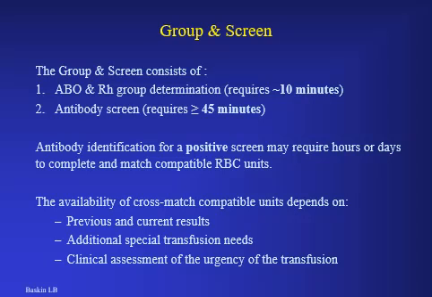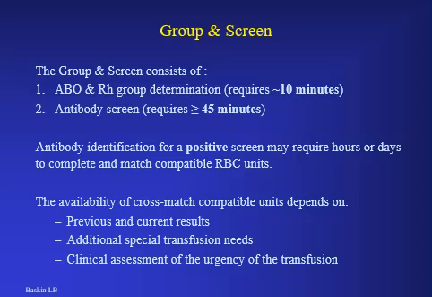Antibody identification for a positive screen may require hours to days to complete and match compatible red cell units. So the availability of compatible units depends upon both the previous and current test results and any additional transfusion needs.